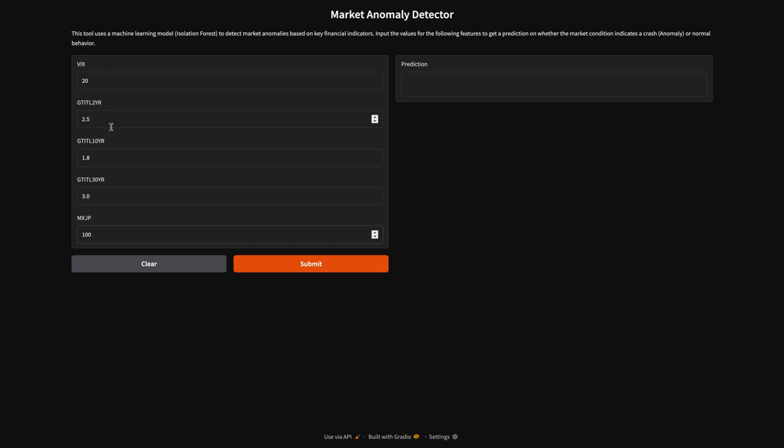It's a reasonable bond yield for a 2-year Italian bond. Over here, it's consistent with the yield curve's trend: higher yield for longer maturities, which is normal, and a stable stock market index level. So our prediction should be normal. Yeah, normal, no crash.